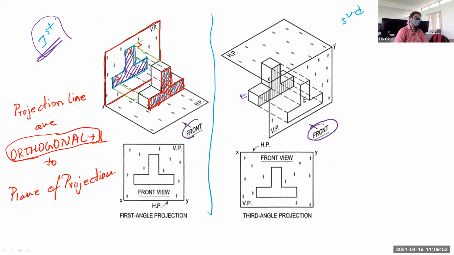For this side, observer was here. This was your observer. Let me write over here. This is your observer. This is your object. And this one was your plane of projection. Here you can see, here is your observer.